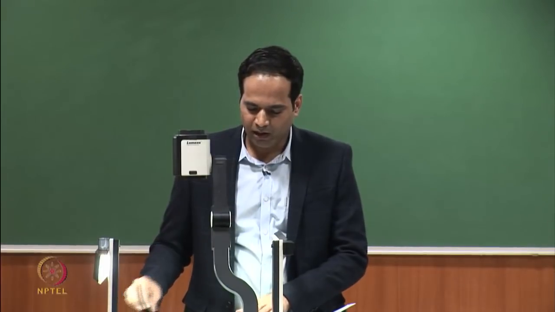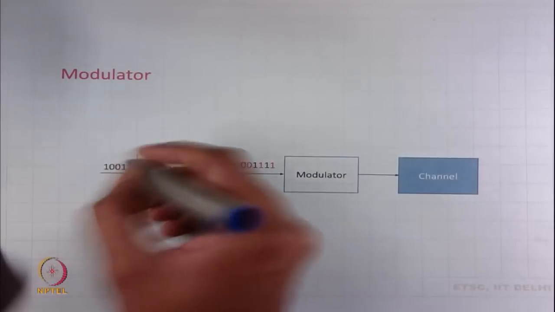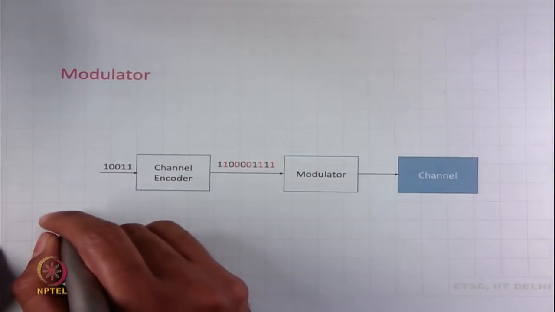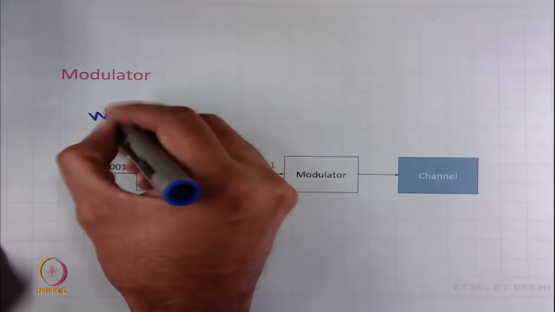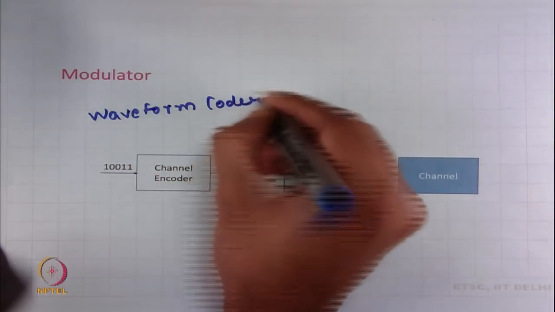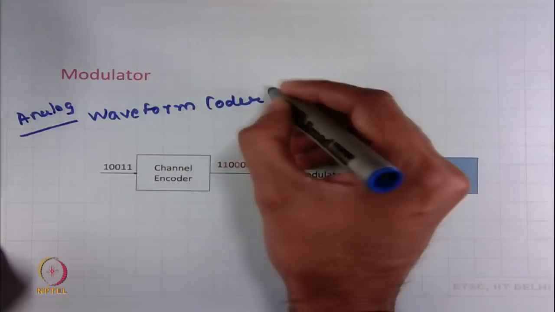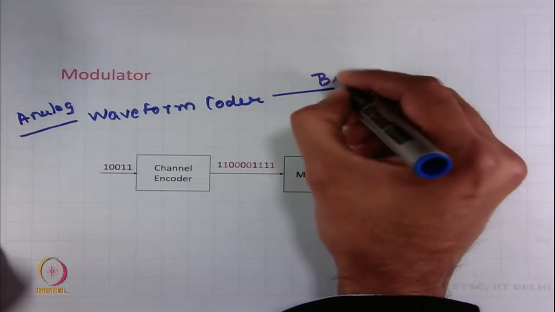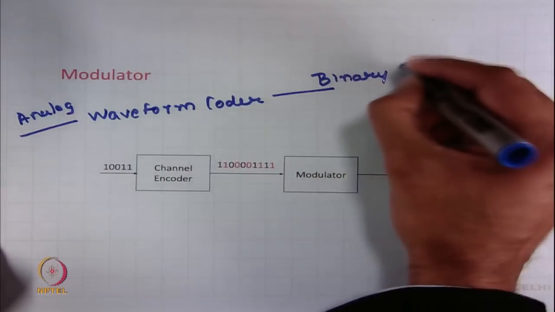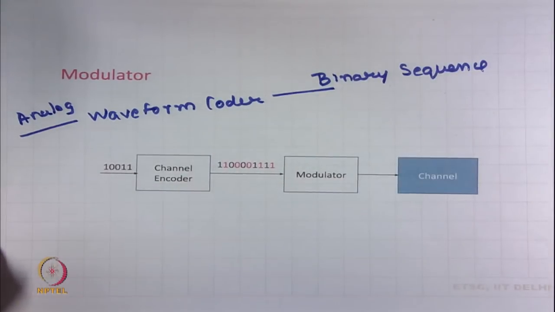So, we are in the world of modulators, and let us first introduce what a modulator does. You know that we already have looked into the issues of waveform coding. The waveform coder takes in an analog waveform, and this analog waveform is converted into a binary sequence. Then this binary sequence goes to the channel encoder.